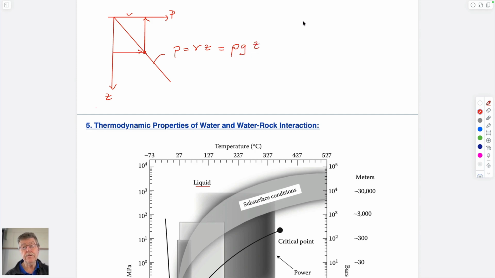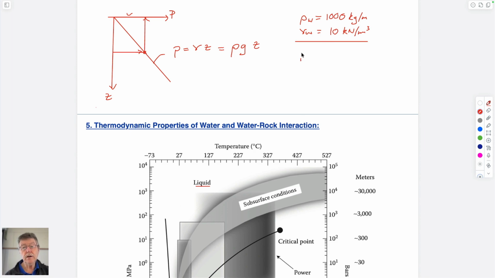And we said before that if we have water, density of water is 1,000 kilograms per cubic meter. And so the unit weight of water is equal to roughly 10 kilonewtons per meter cubed. So this is how the pressure of water would change as we go down in depth.